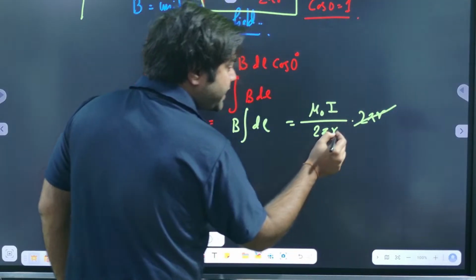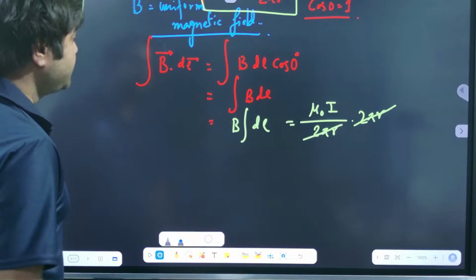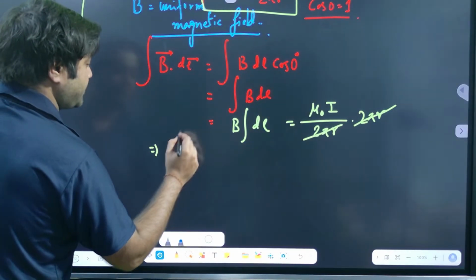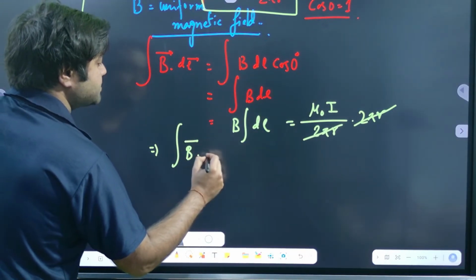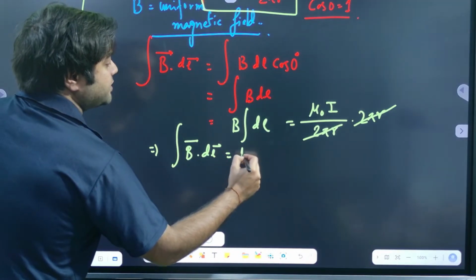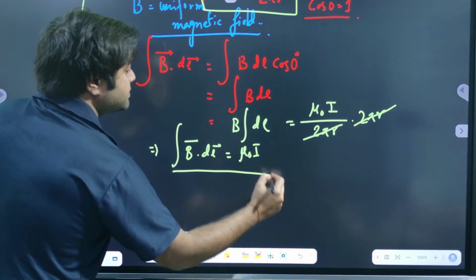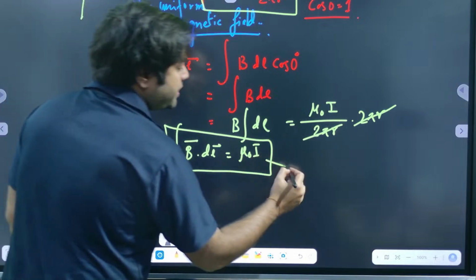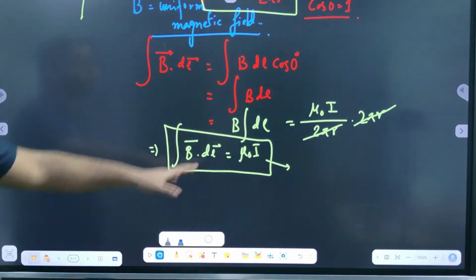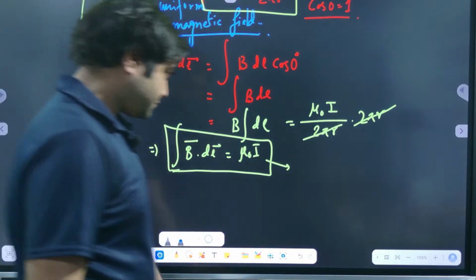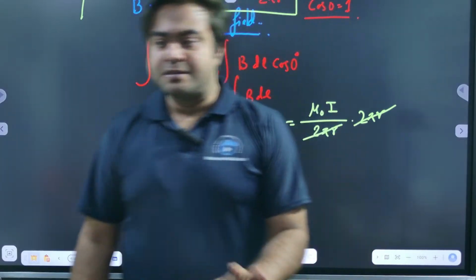So 2 pi r and 2 pi r will cancel each other, hence we can write that the integral of B dl is equal to mu naught I, hence your Ampere's Circuital Law is proved. Okay, I think this is clear right now.